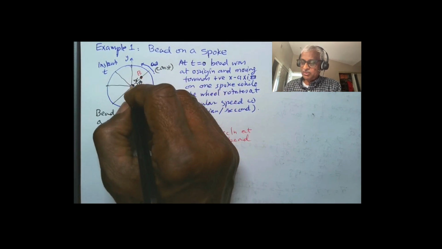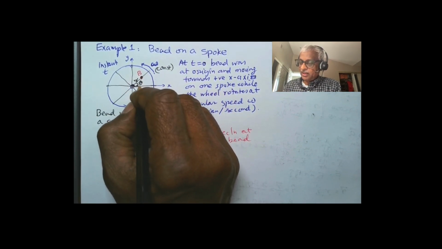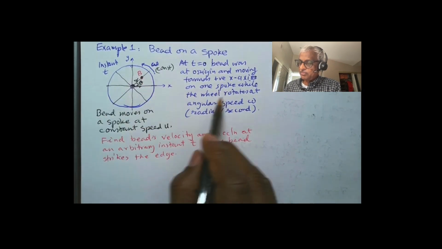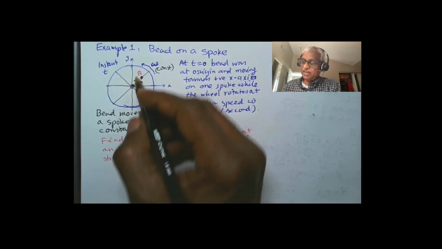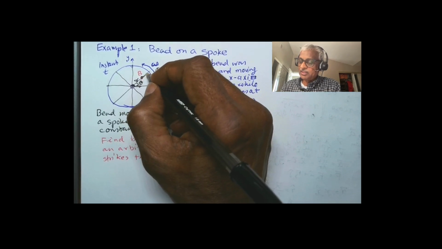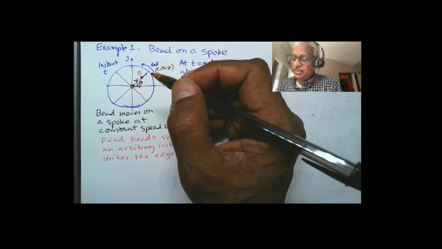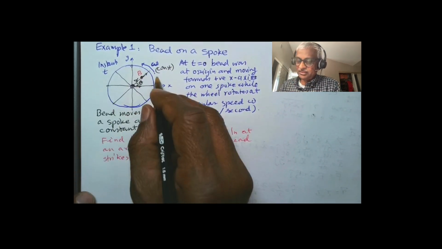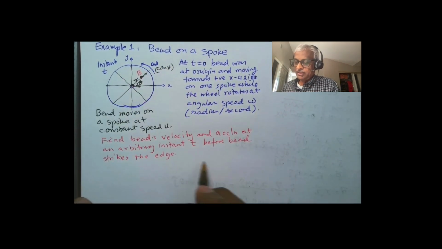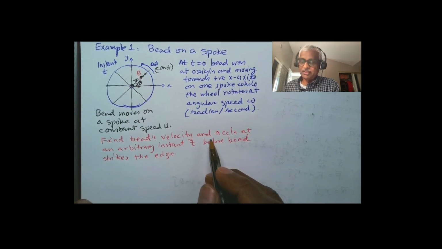So you might say the bead was here, and then at t equal to 0 its velocity is pointed this way, but at this instant its velocity is pointed that way, and we're supposed to figure out which way the velocity and acceleration are, and the magnitude. So we're supposed to figure out the entire velocity vector.